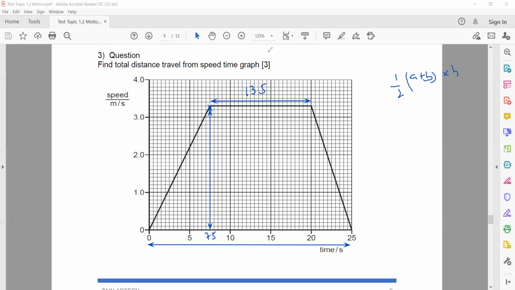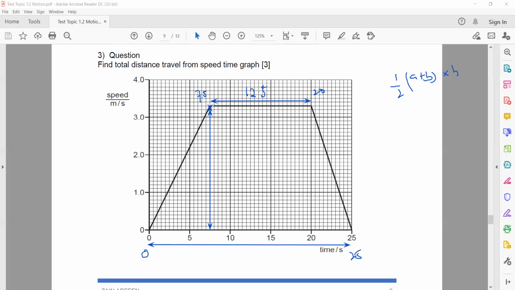Sorry, 12.5 will be there, not 13. Starting at 7.5 and ending at 20, this will be 12.5. And what about this one? It's starting from 0 and ending at 25, so this will be 25.